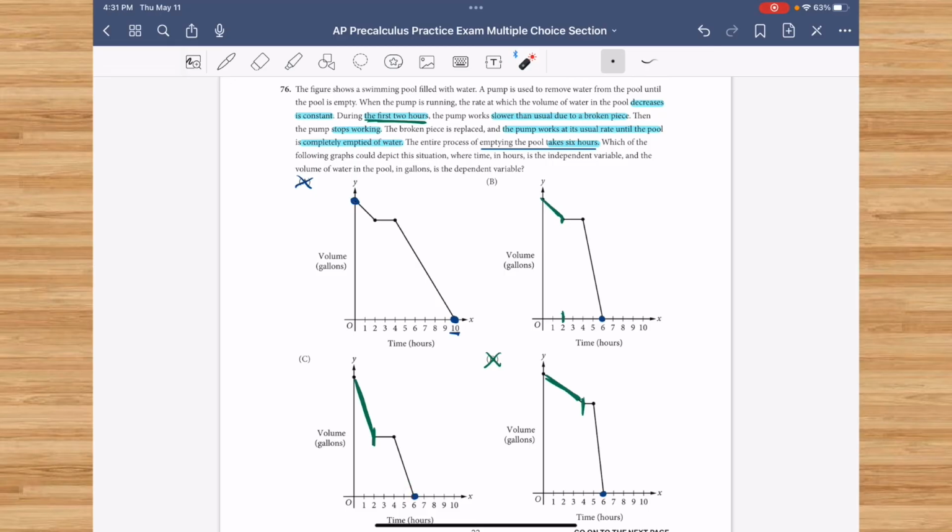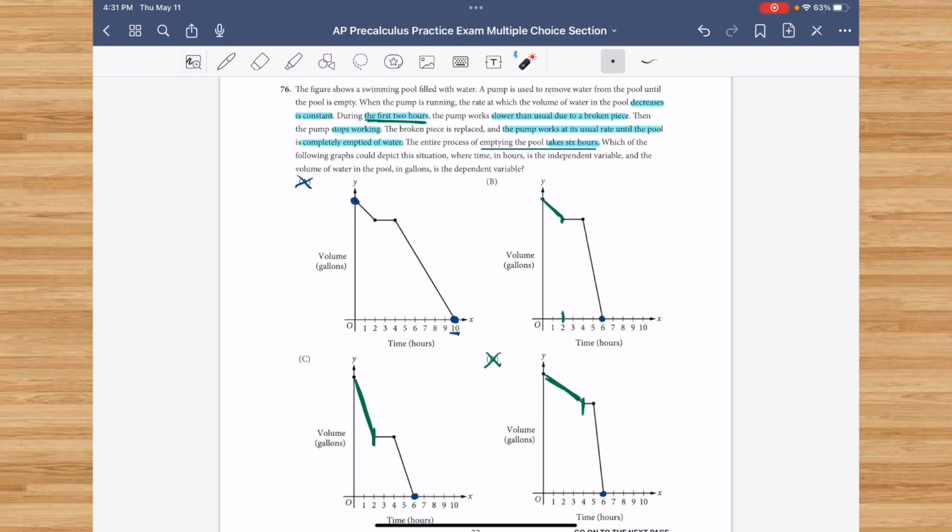And that contradicts our story. We had a broken pump, so it was going slower at first. Then we took a break, we replaced the pump, and then it drained at the usual amount.